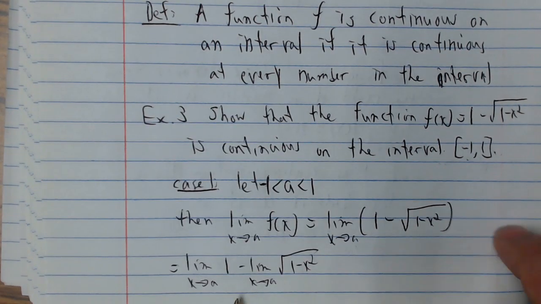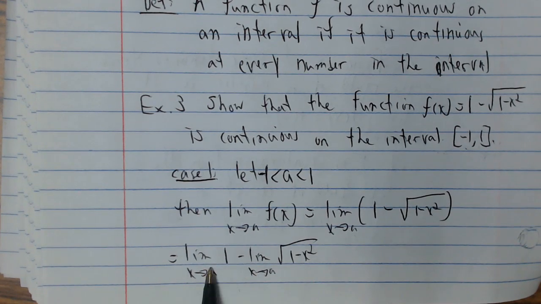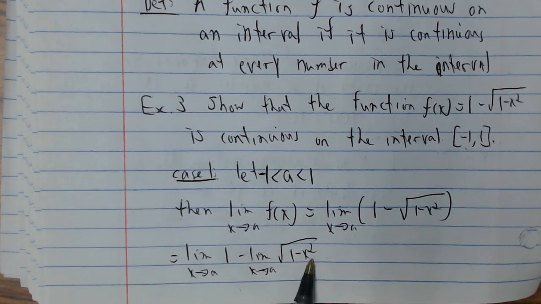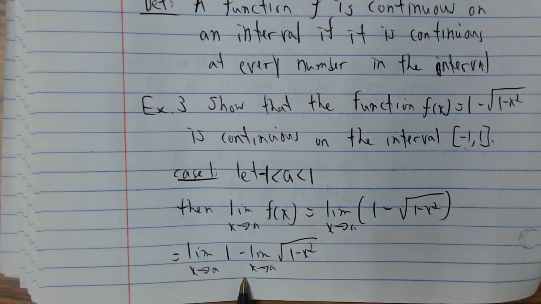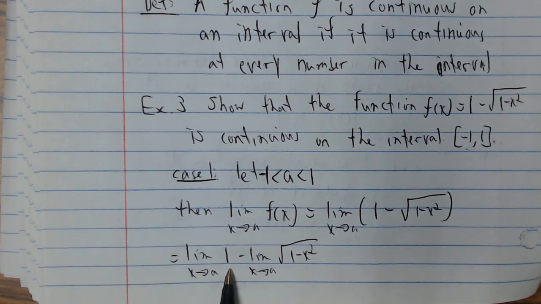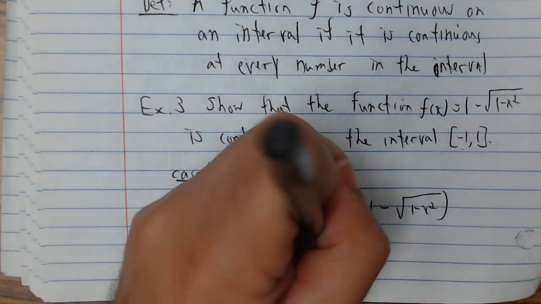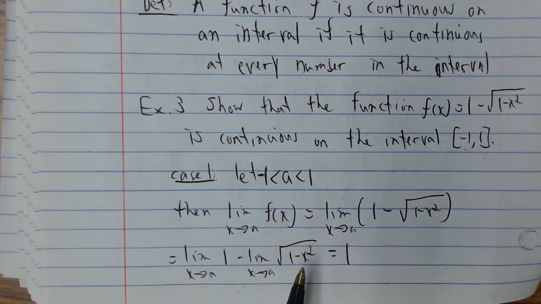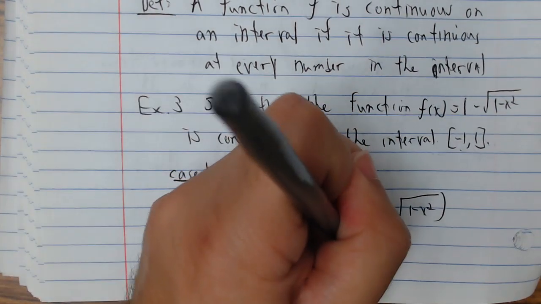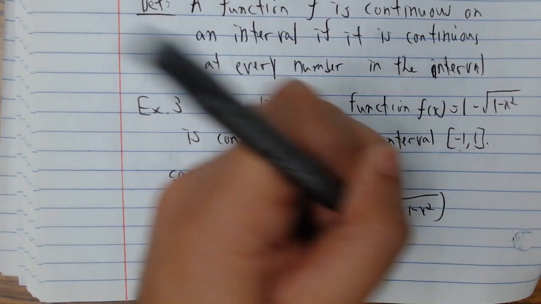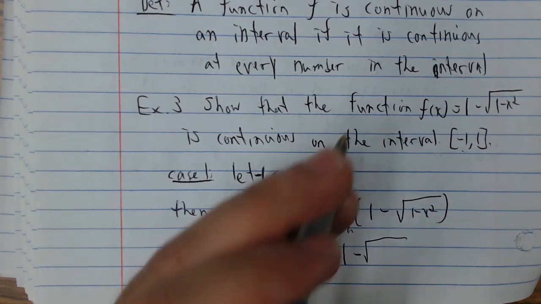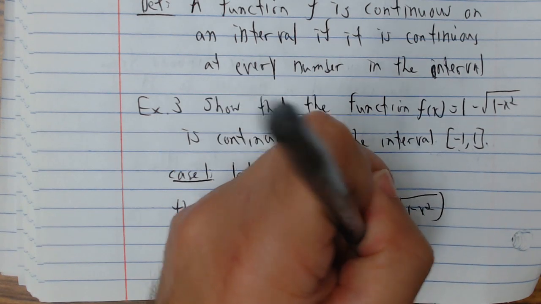Notice how I'm allowed to do this because I'm just using the properties of limits. And what do we know? The limit as x approaches a of a constant is always just a constant. And then here I can say minus the square root of, I could take the limit inside the root. That's another one of my properties.